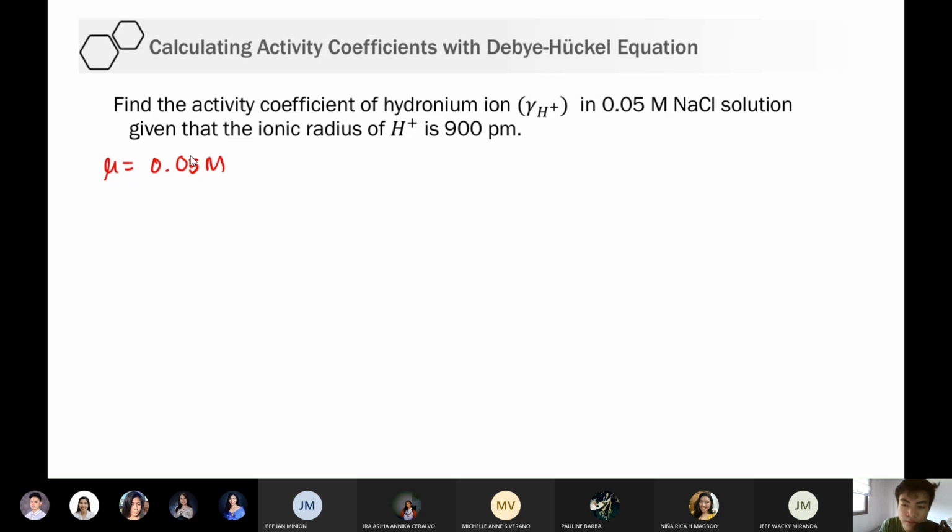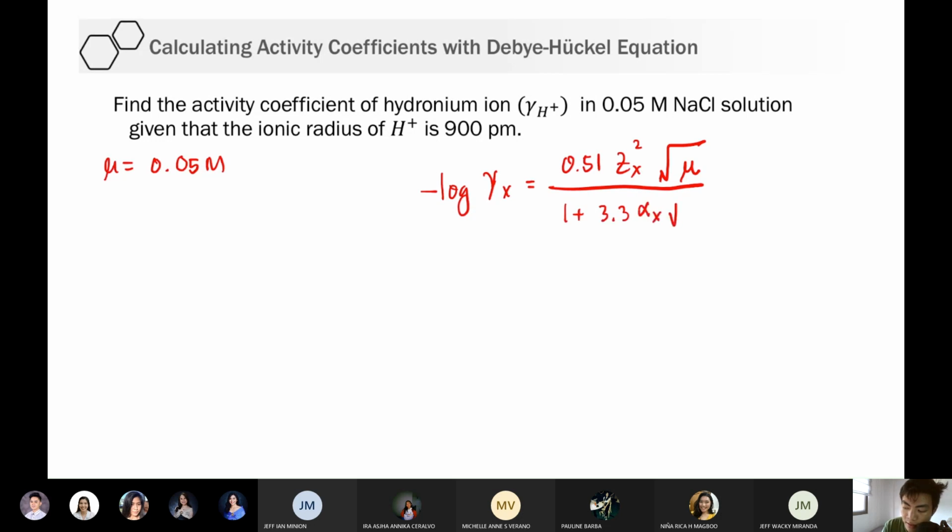We will just use the generic Debye-Hückel equation. So what is the generic Debye-Hückel equation? That's negative log of gamma x equal to 0.51 zx squared times the square root of mu divided by 1 plus 3.3 alpha x times the square root of mu.